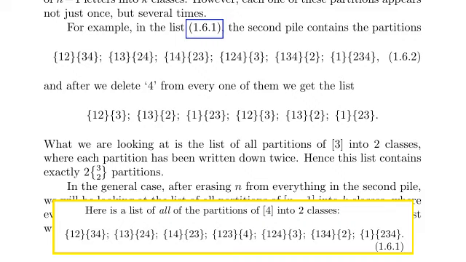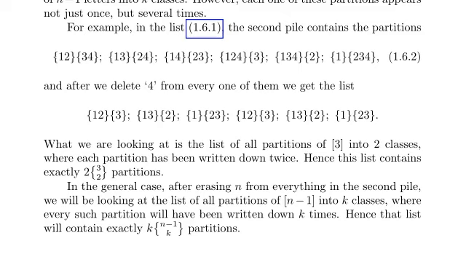And all of these have 4 with other elements, and the only one that didn't make it was the one where 4 is by itself. Okay. After we delete 4 from every one of them, we get this list. What we are looking at is the list of all partitions of 3 into 2 classes where each partition has been written down twice. Hence the list contains exactly 2 times the Stirling number of 3, 2 partitions.